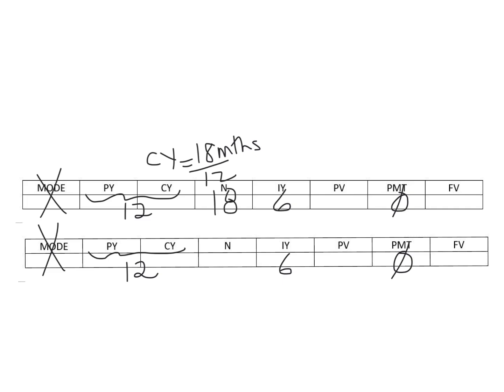For the second payment, sorry, of $1,000 due 11 months ago, but paid today, again, we have our CY of 12 for 11 of 12 months. So that makes our N 11 in this case. Our PV in both cases is $1,000.